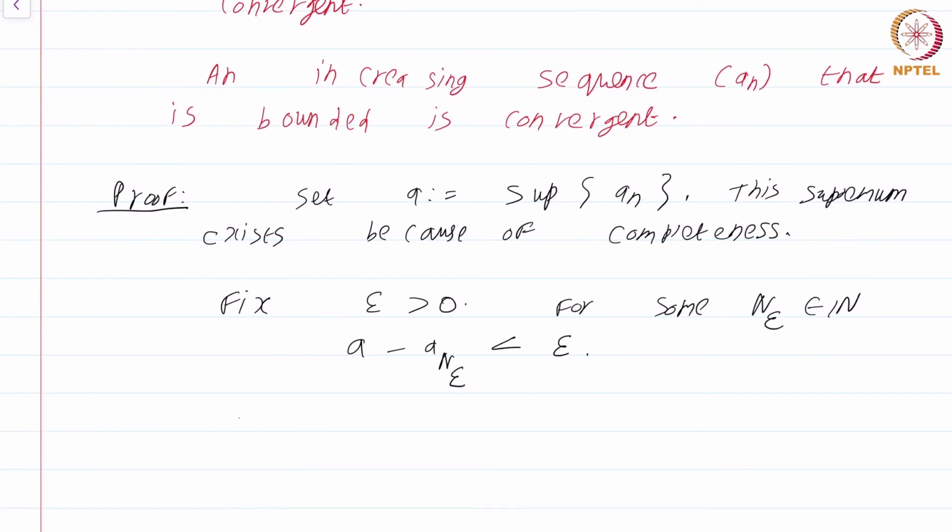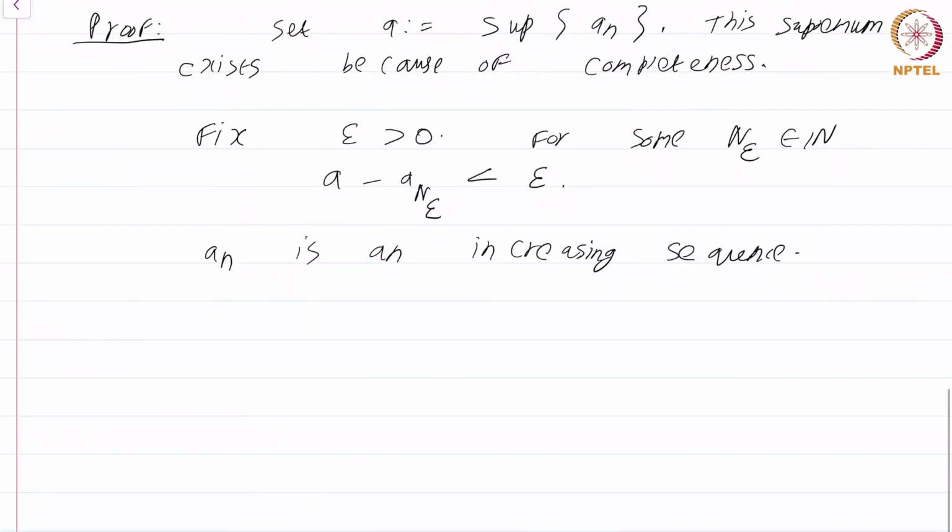Okay, but A_n is an increasing sequence. What will that tell us? That will tell us that if n is greater than n_epsilon, A minus A_n will be less than or equal to A minus A_n_epsilon, because A_n is an increasing sequence.